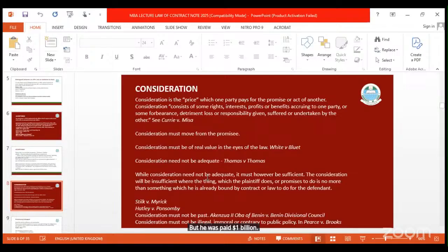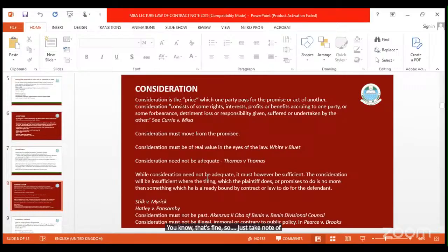So you can see that it's not about saying, okay, the price for registering this company is 1 billion, so they pay. No, that's not how it is done. It's about sufficiency. Even if the value is less, once it is established that that's what the parties accept, that's fine. So just take note of that.